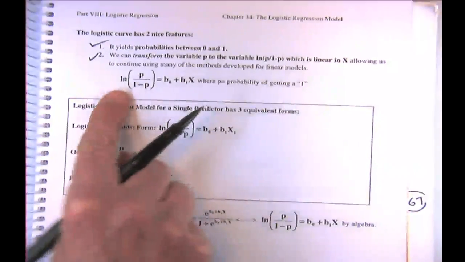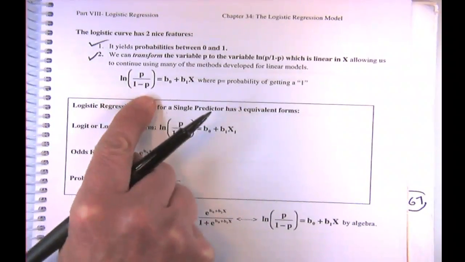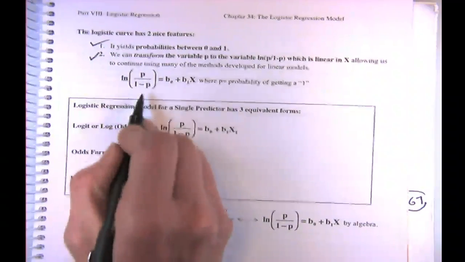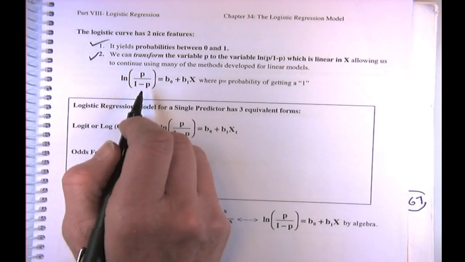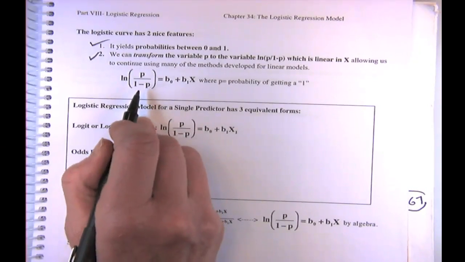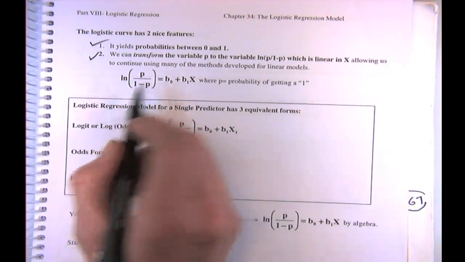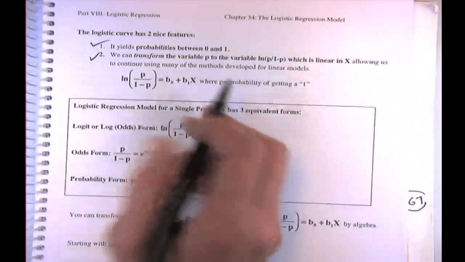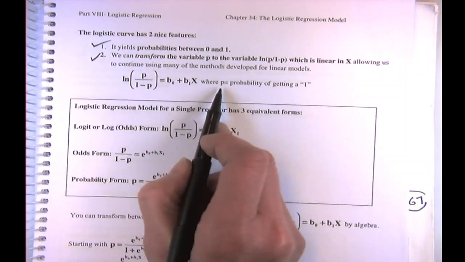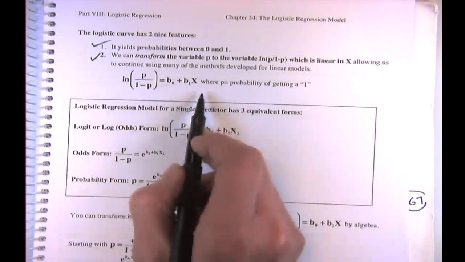This p over 1 minus p is called the odds. Success over failure is your odds. When you say you have 4-to-1 odds, it means 4 times as much probability of success as probability of failure. So the log of the odds is a linear equation.